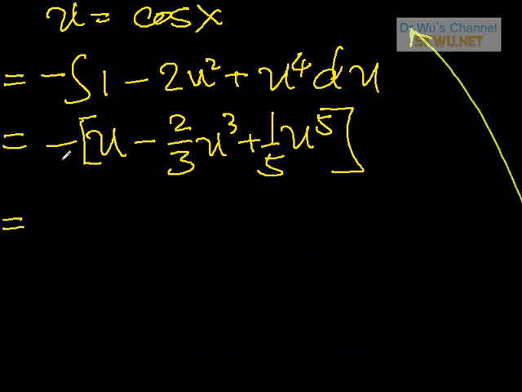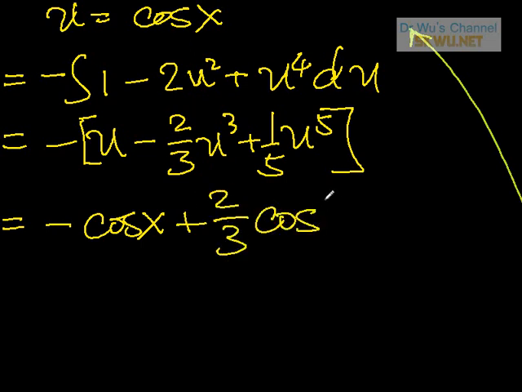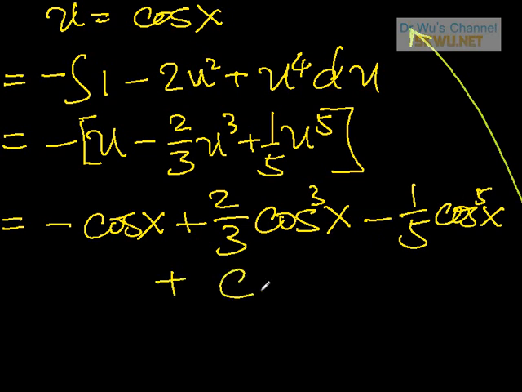So if we multiply this out and substitute u back with cosine x, we will have minus cosine x plus 2 over 3 cosine x to the power 3 plus, oh sorry, this should be minus 1 over 5 cosine x to the power 5 plus a constant, and that is our answer.